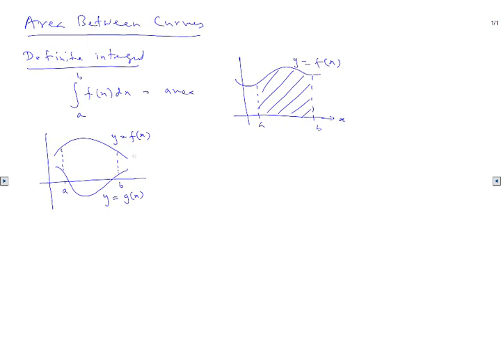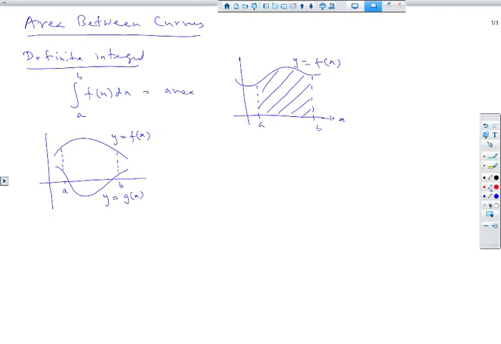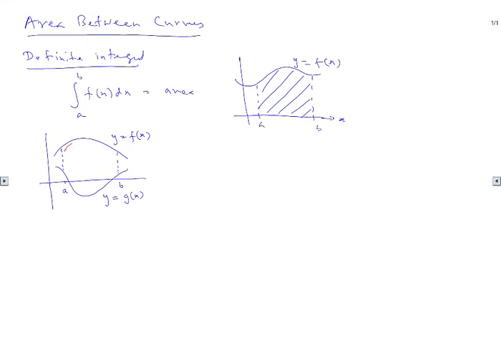We are looking for this area bounded by those two curves and the two vertical lines, the x equals a line and the x equals b line.